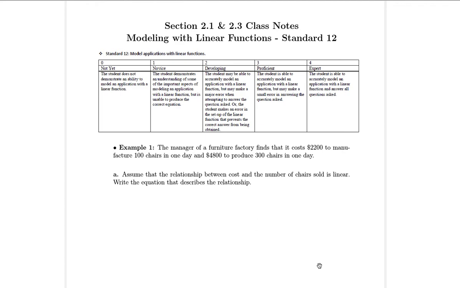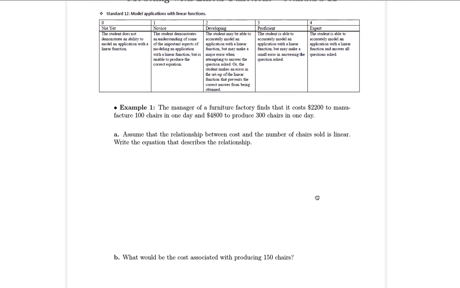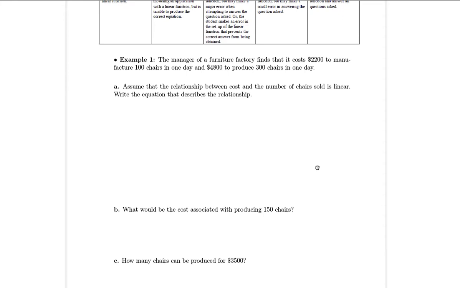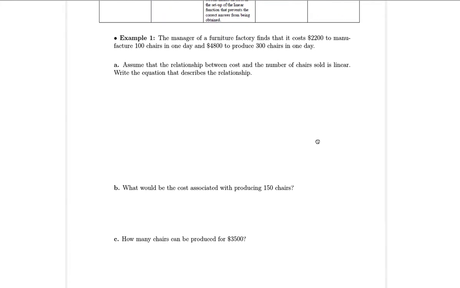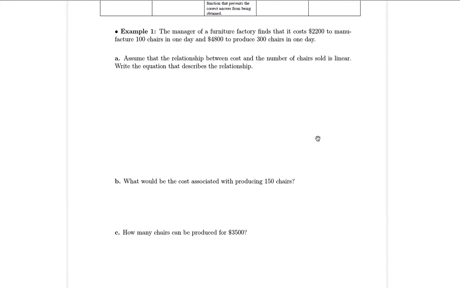We've got the manager of a furniture factory who finds that it costs $2,200 to manufacture 100 chairs in one day and $4,800 to produce 300 chairs in one day. In part A, it says assume that the relationship between cost and the number of chairs sold is linear.